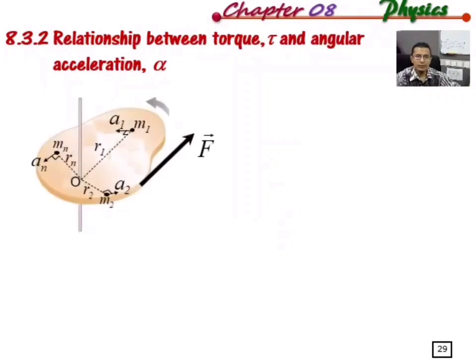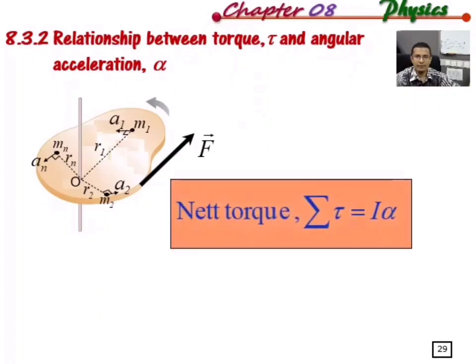Next is the relation between torque and alpha. For example, when you rotate a rigid body by applying a force to the edge of this rigid body, it will cause the body to rotate in the anti-clockwise direction. The body starts rotating from rest, so we have linear acceleration and also angular acceleration. From here we have the net torque.